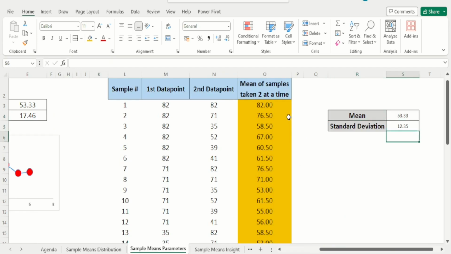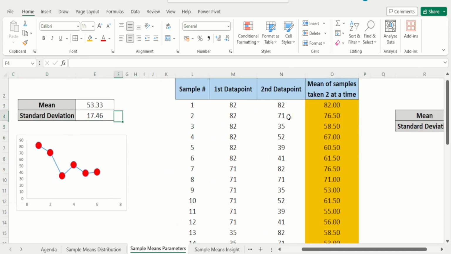However, there is a relationship: the standard deviation of the means is always going to be equal to the standard deviation of the original population, which here is 17.46, divided by the square root of the size of samples. Now remember, the size of samples here is 2. We're taking 2 data points at a time in each sample.